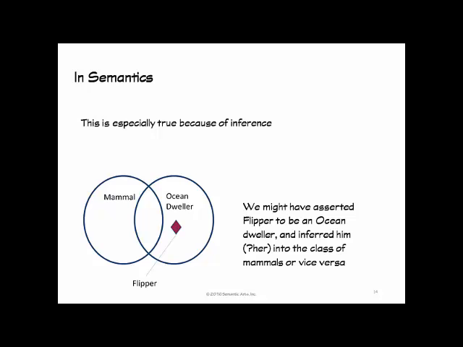And this gets even more interesting with inference, because we may have asserted that Flipper was an ocean dweller, and then may have had some properties in our ontology that allowed the ontology to infer that, in fact, Flipper was also a mammal. And if we didn't allow for the fact that those two sets could overlap, we have pretty much immediately an inconsistent ontology there.